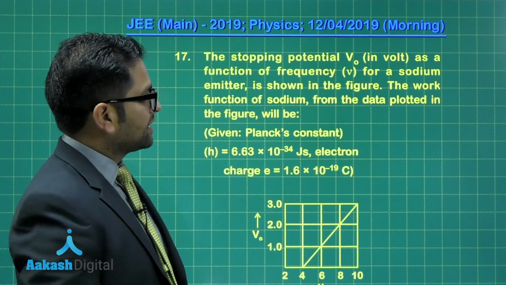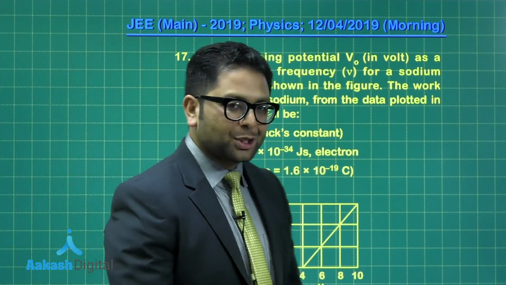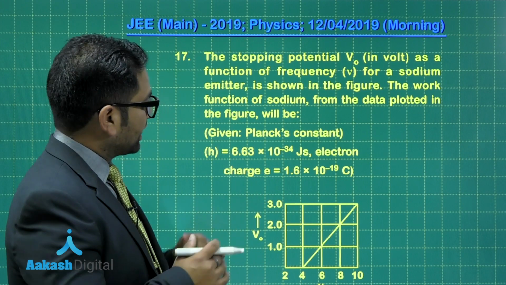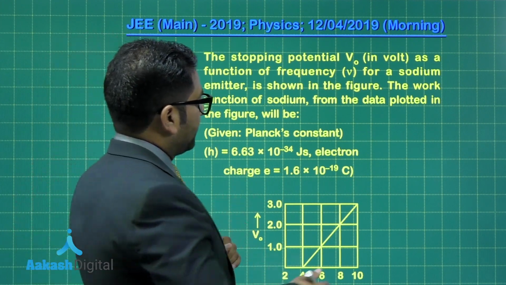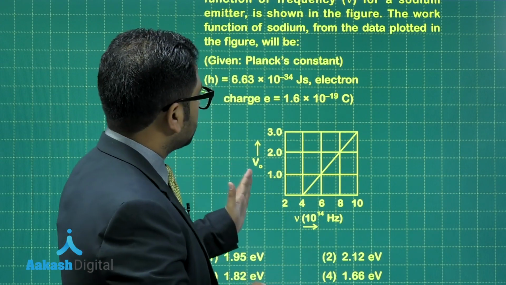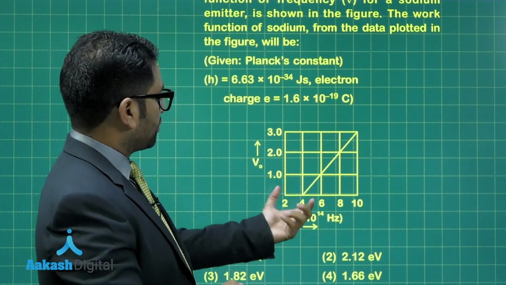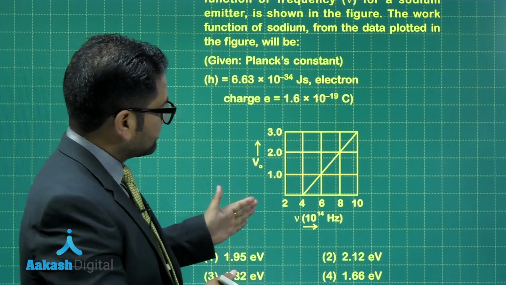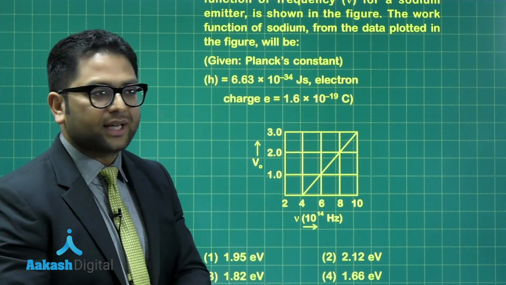Question number 17 from modern physics. You see, modern physics reigns when it comes to the JEE Mains examination. And photoelectric effect. Well, the situation is something like this: the stopping potential versus frequency of the incident light is given, and we know that comes out to be a straight line in this given way.